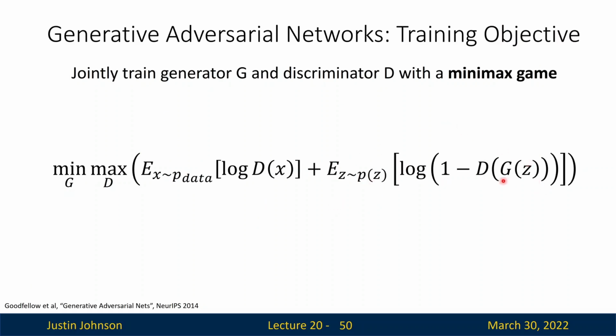Here is the generator, and here is the discriminator checking whether it is real or fake. If it is real, then the output of this term should be 1. And if it is fake, this will be 0. But that is the ideal case. Usually our discriminator can only tell us the probability of the image.